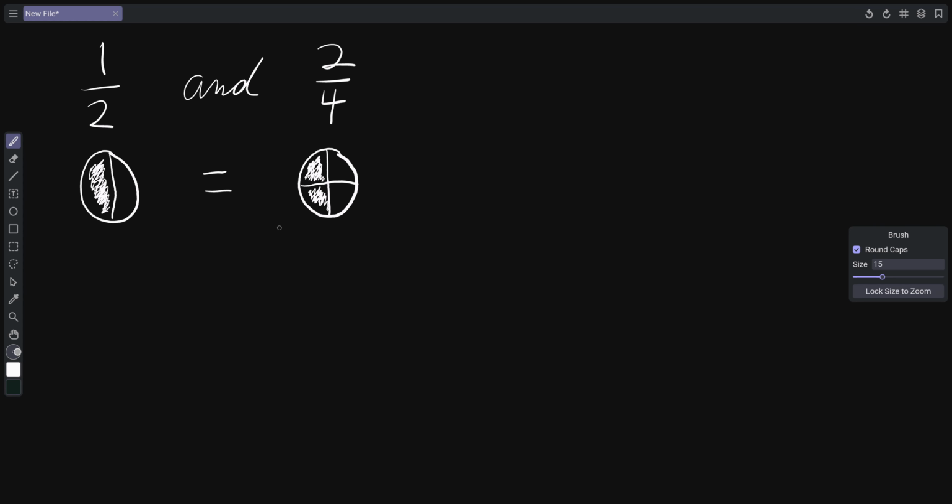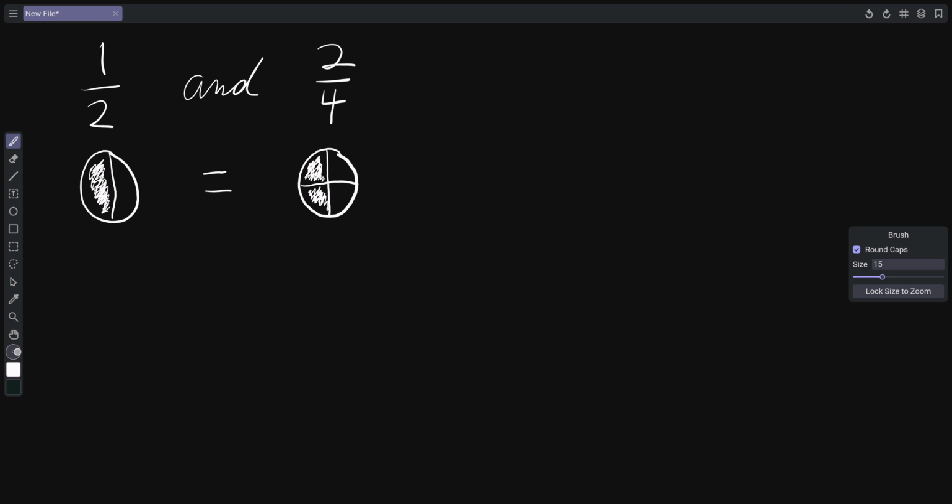They may be divided up differently, but the amount of slice, if you will, is equal on both sides. So each circle here has essentially been cut in half, or a half has been removed from it. Even though this has more slices, the actual value is the same.